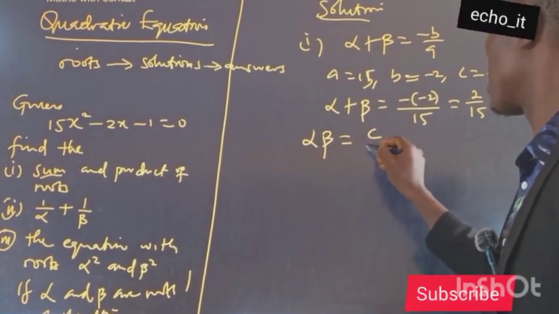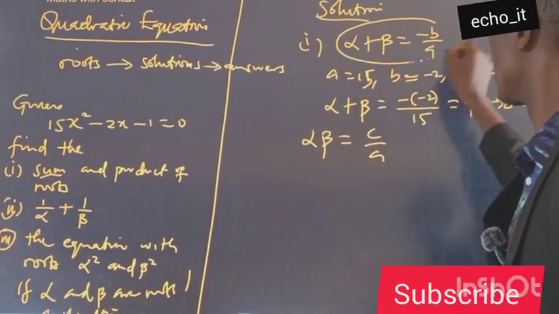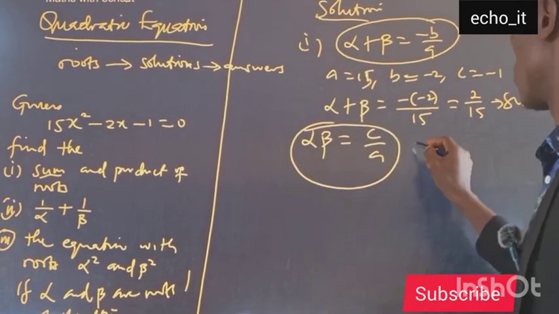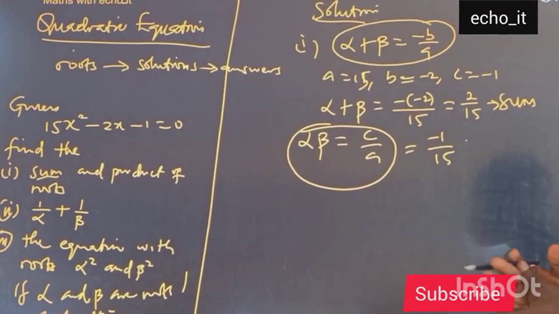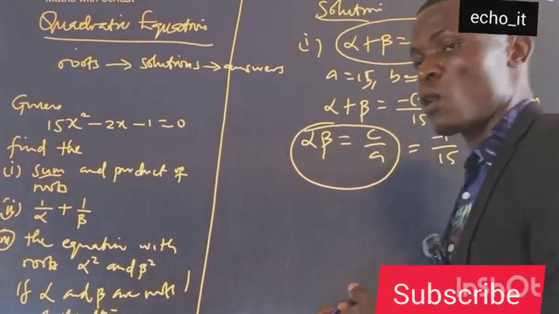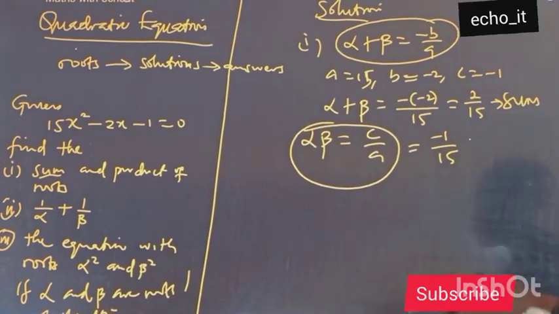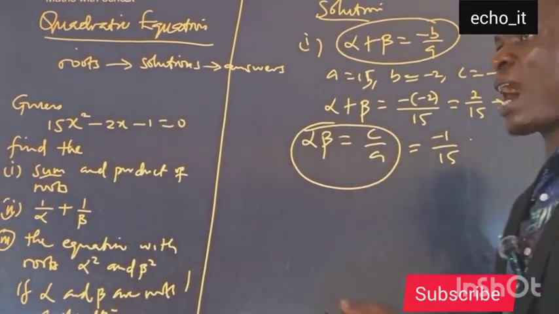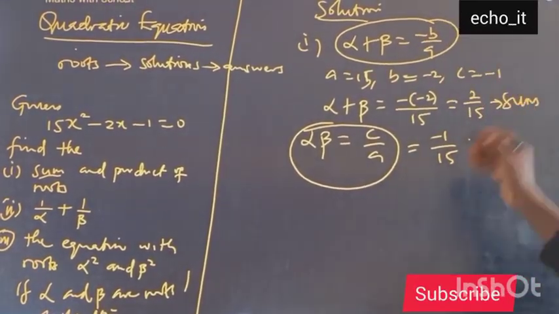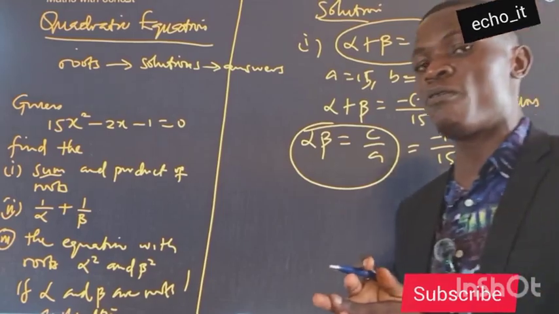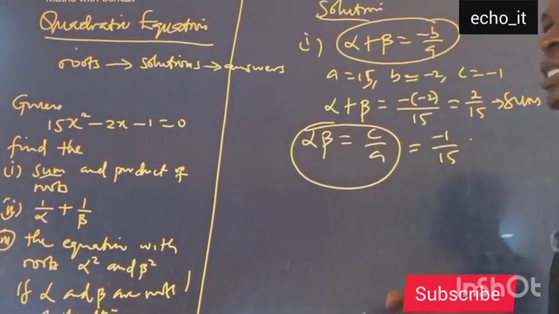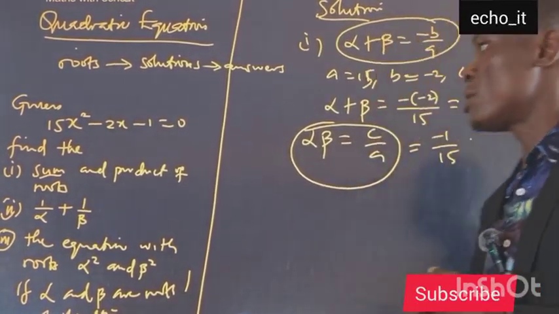And the formula is c over a, you have to remember this, sum, product. So c over a, our c here is minus 1 over 15, and that's all. That's how you find the product of roots. If you solve this quadratic equation like we did before and sum them up, you're going to get 2 over 15. You multiply both of them, you get minus 1 over 15. But we did this without solving the quadratic equation.